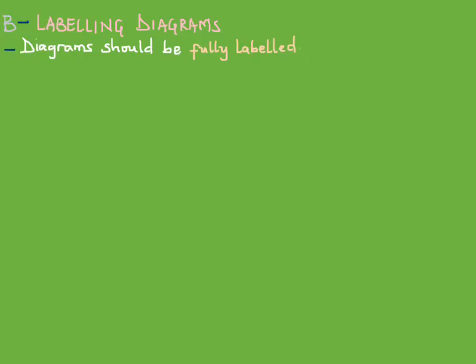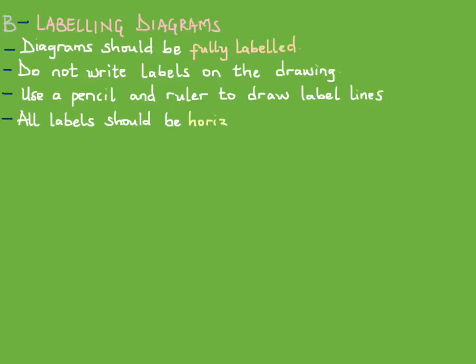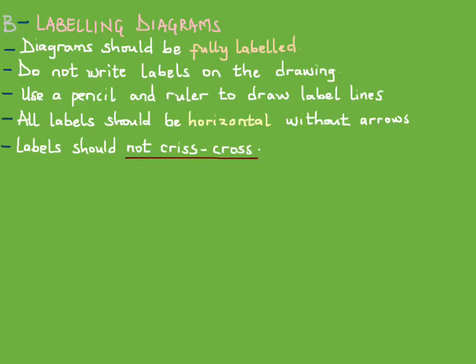You must also remember not to write any labels on the drawing. Again, label lines must be drawn using a pencil and a ruler. All labels should be horizontal and should not have arrows at either end. Remember that label lines should not cross over each other.